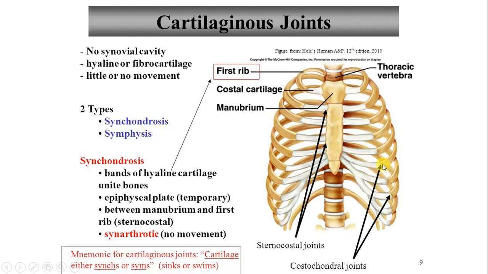No movement is there. There is also no movement at the joint of the first rib with the manubrium, not the body, the manubrium. It is also a primary cartilaginous joint, synchondrosis.